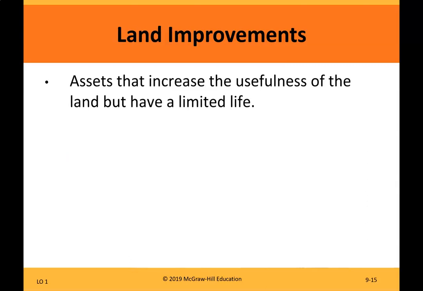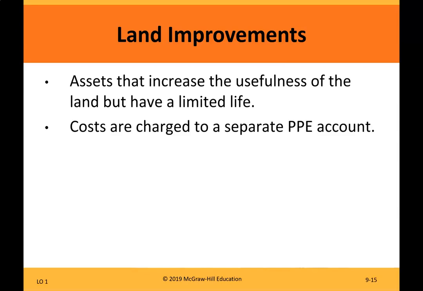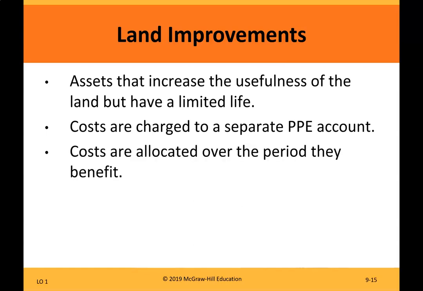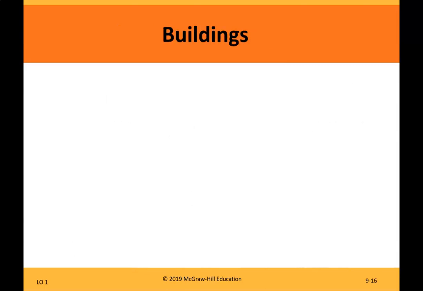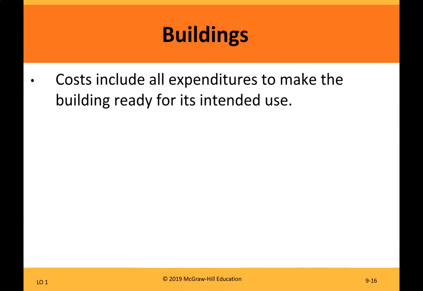Land improvements. Assets that increase the usefulness of the land but have a limited life. Costs are charged to a separate property, plant, and equipment account. Costs are allocated over the period they benefit. Examples: parking lot surfaces, driveways, fences, and lighting systems. Buildings.